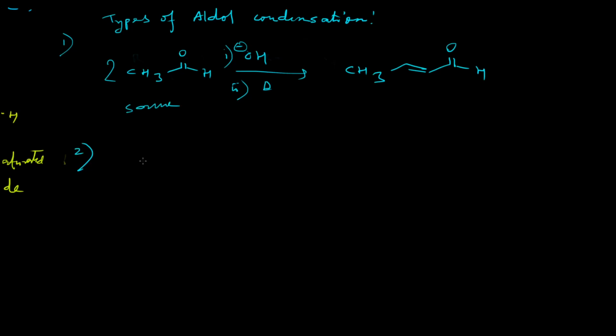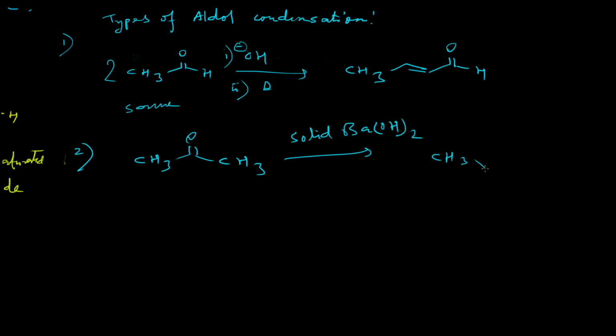Like this, two molecules of ketone can also undergo aldol condensation. For example, if we treat acetone in solid barium hydroxide, then we will eventually get this compound as our product.